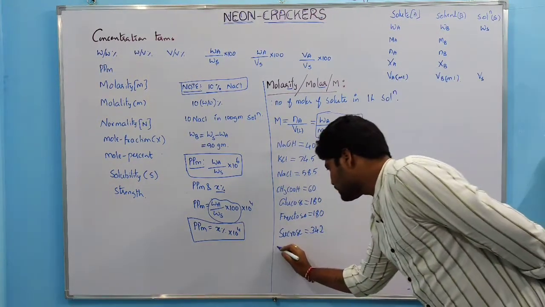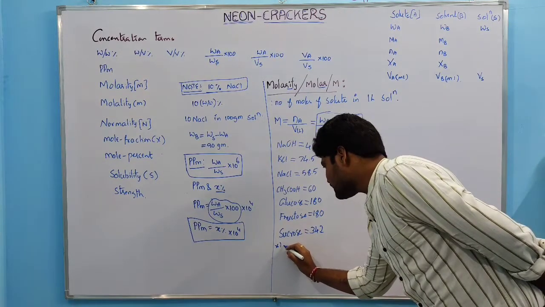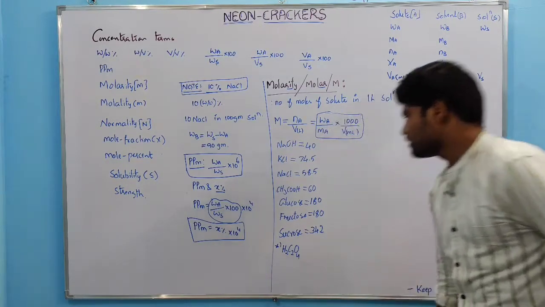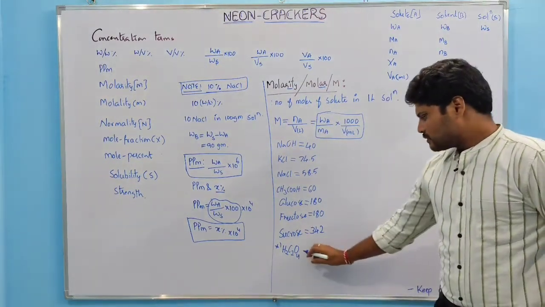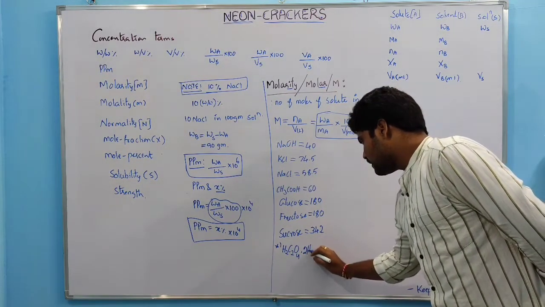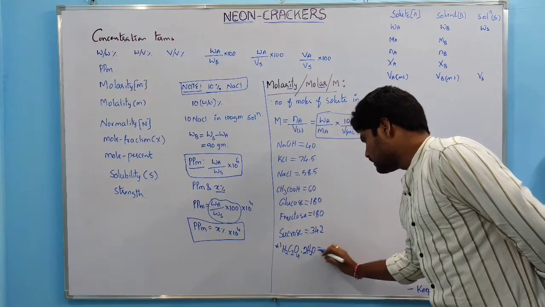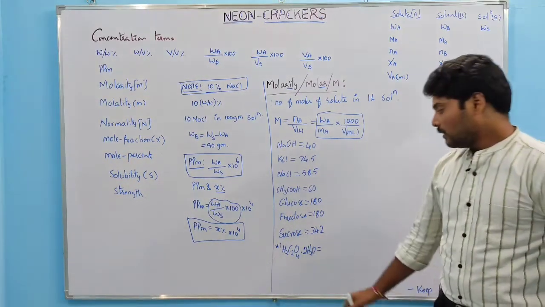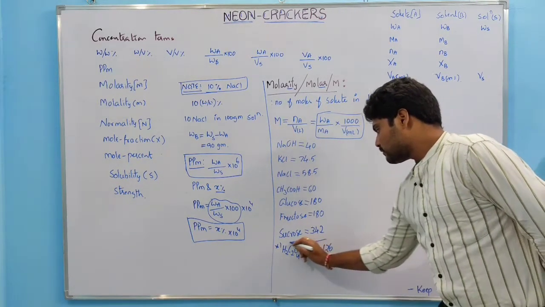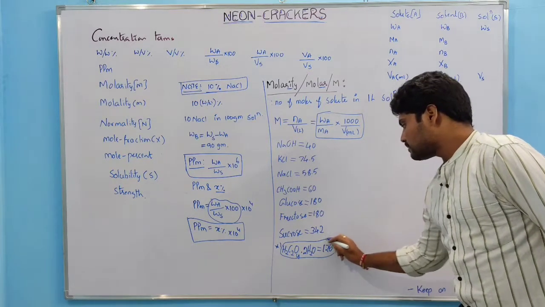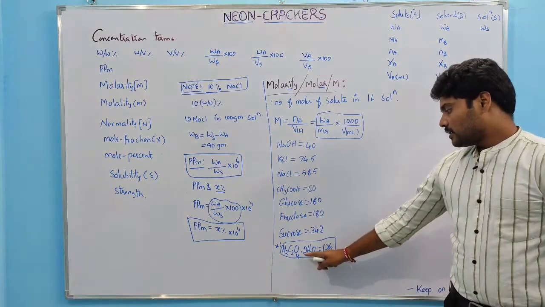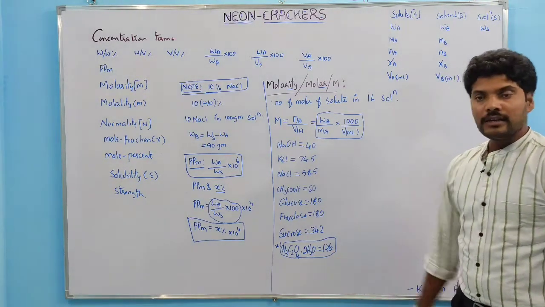Next one, this is very important: oxalic acid, actually C2H2O4 or COOH, it seems to be 90, but this is a dihydrated compound. In general the molecular formula is written like this, so the molar mass comes around 126. Don't take it as 90 grams for H2C2O4; we have to take it as H2C2O4 with 2H2O, total 126.